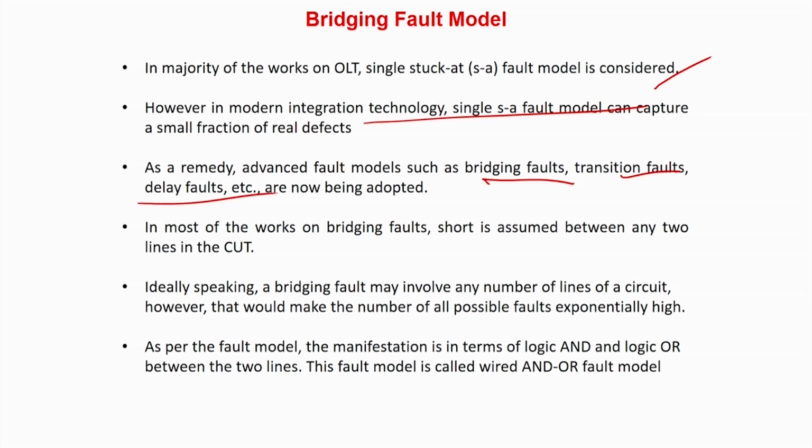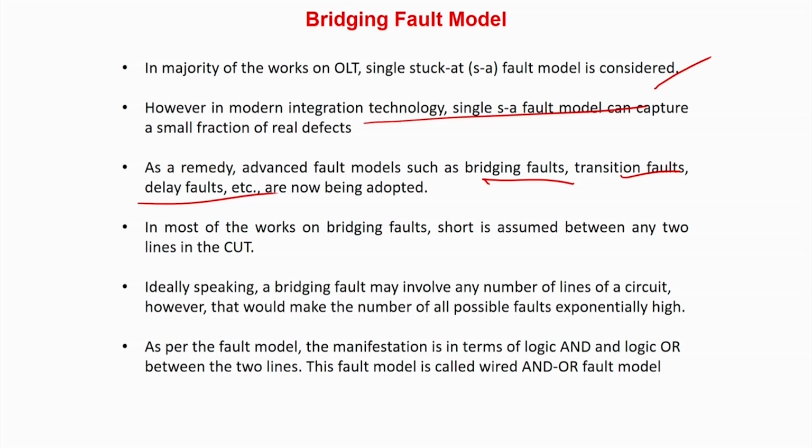Very interestingly, we will find that if you cover the advanced fault models, stuck-at fault models automatically get covered. That is, stuck-at fault models are a smaller set, and these advanced fault models are the bigger set. So if you start with stuck-at faults, you are leaving some outer space, but if you cover the advanced faults, all other things get covered. Those philosophies we will try to develop.